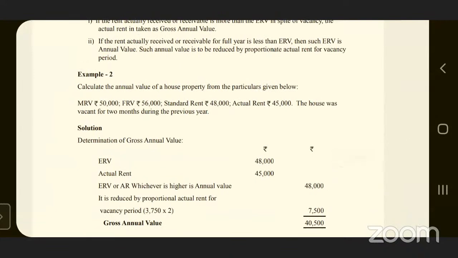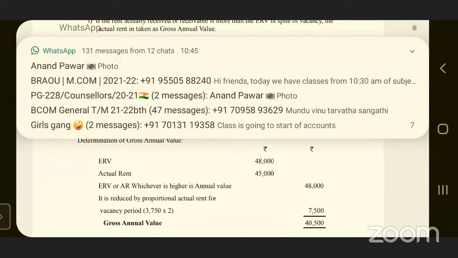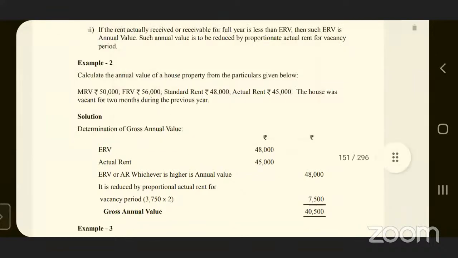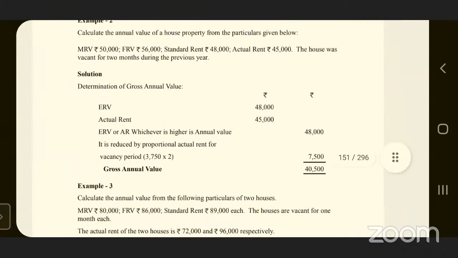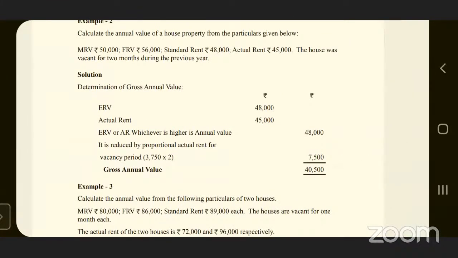You can observe here: MRV is 5,000, FRV is 56,000, standard rent is also given, and actual rent is also given. The house was vacant for 2 months during the previous year. How can we compute the gross annual value? First, we compare MRV and FRV; the higher amount is 56,000.